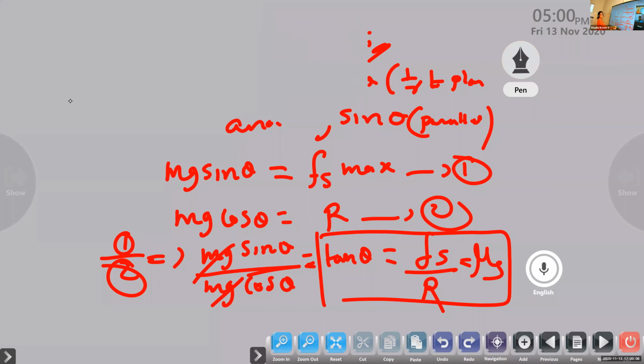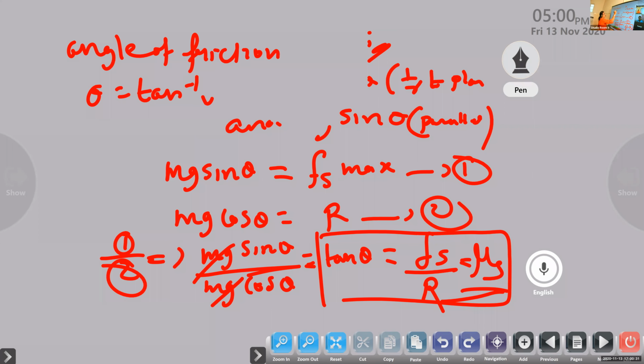Therefore, this is a coefficient. A coefficient we will not write in terms of theta, correct? So that is why the coefficient mu s is equal to tan theta. Then angle of friction is equal to tan inverse of tan theta, whichever value you get. So theta is equal to tan inverse mu s.